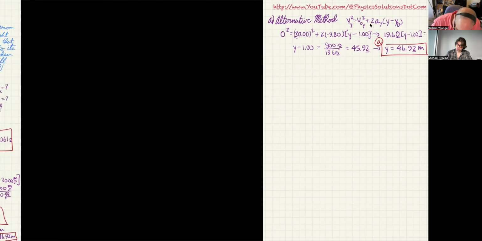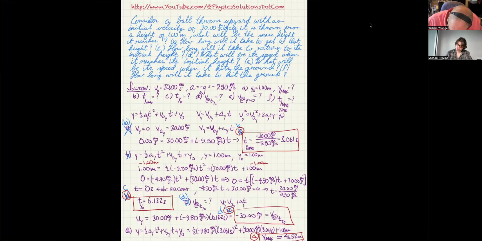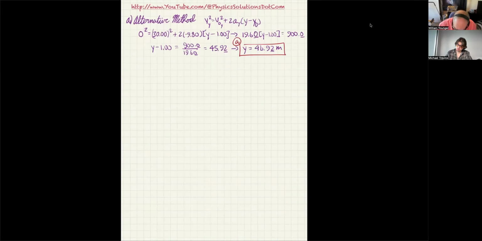All right, now that we have done parts A through D, we have to do part E now. Part E says, what will be its speed when it hits the ground? Okay, so for part E, v for y equals 0 is the question mark.